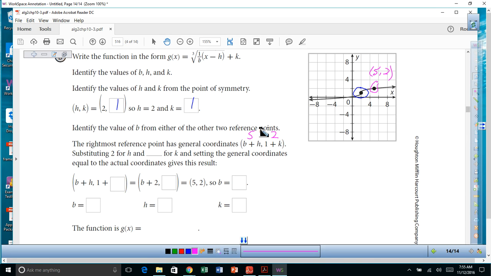The rightmost reference point has coordinates b plus h, 1 plus k, substituting 2 for h, and I'm getting that 2 from right here.